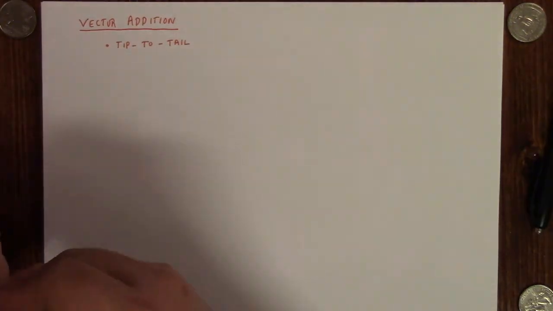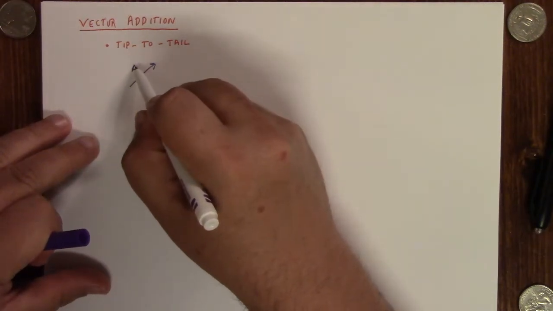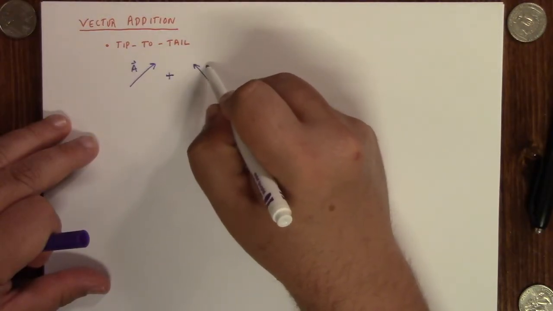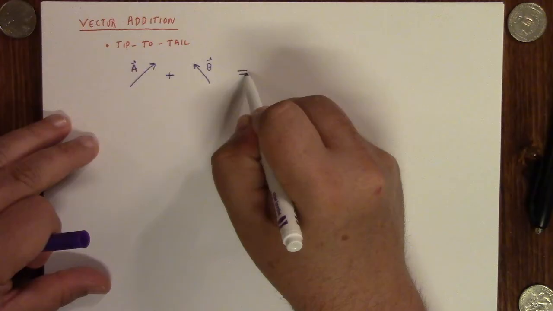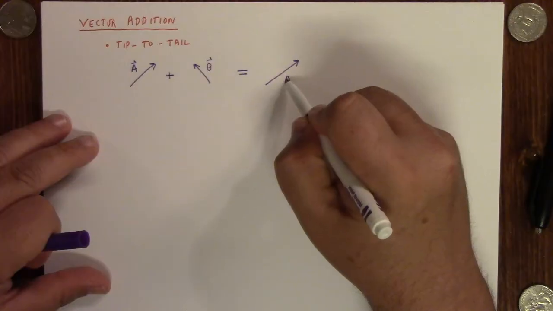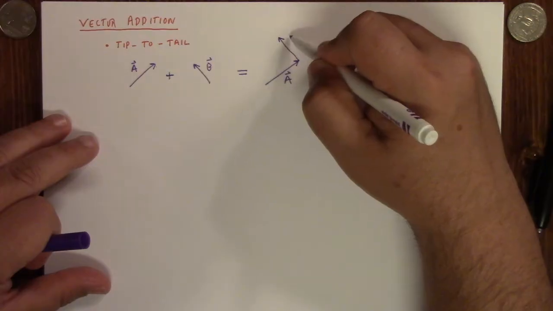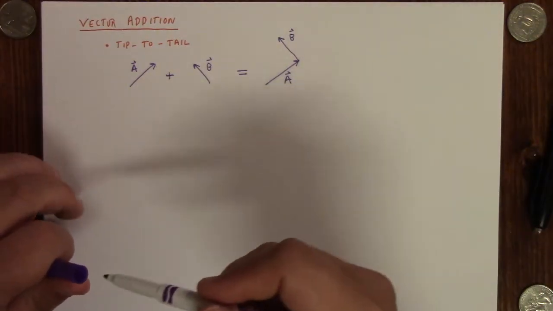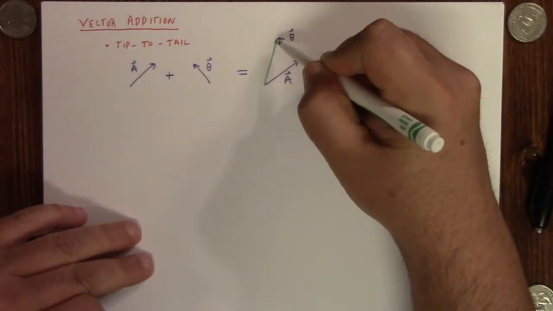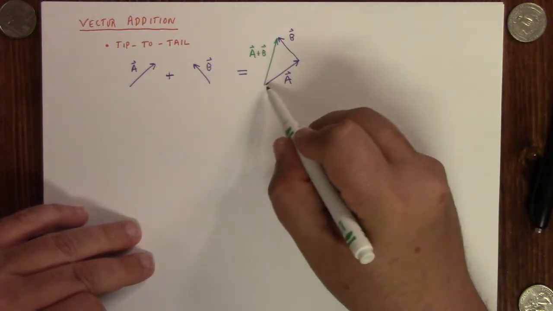If I had a vector like this one and I was adding this one, then geometrically I draw A, and then I draw B from the tip of A, with the tail of B at the tip of A. And then the resultant is this vector. This right here is what we would call A plus B. That's how to understand vector addition geometrically. We just do tip to tail.